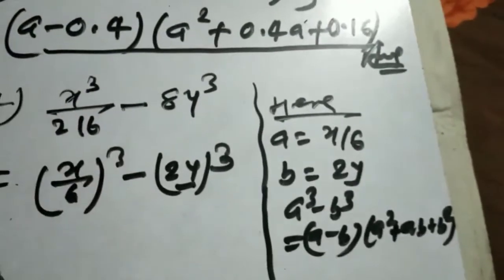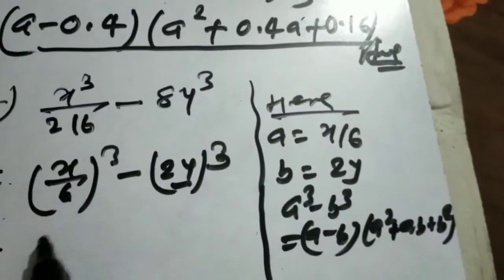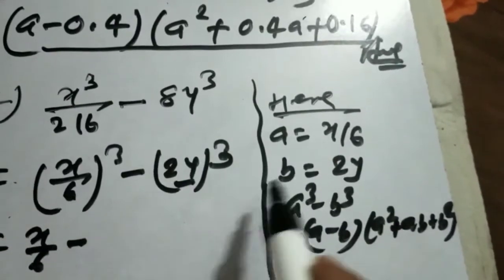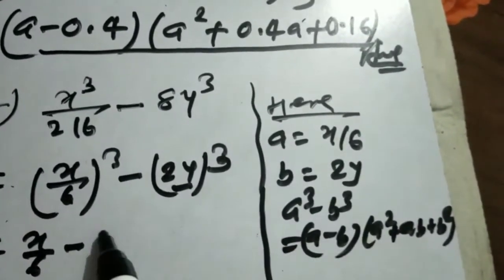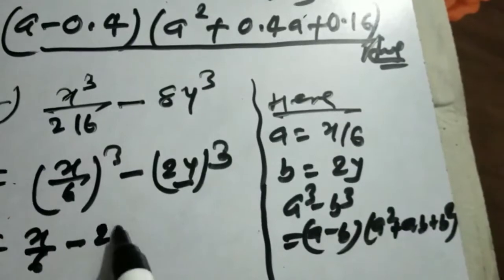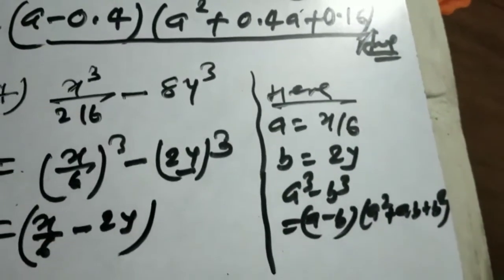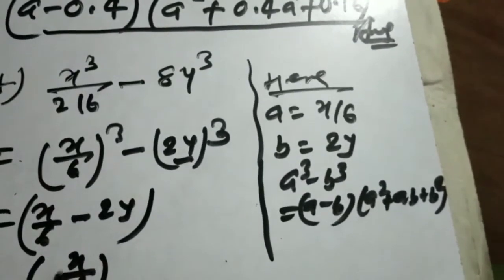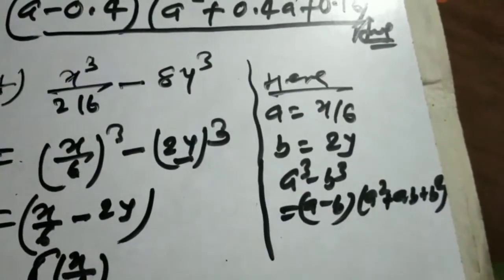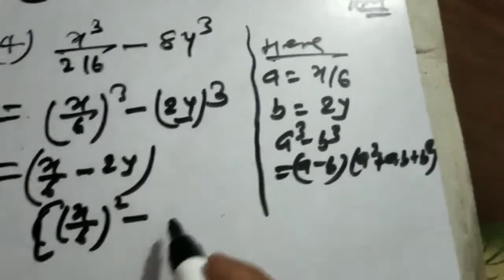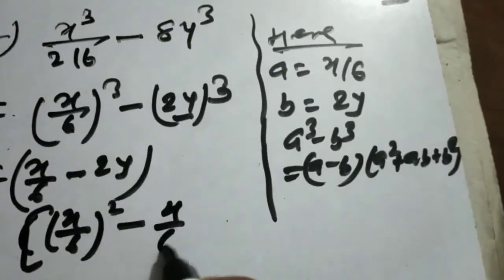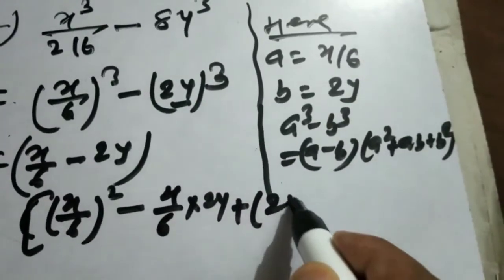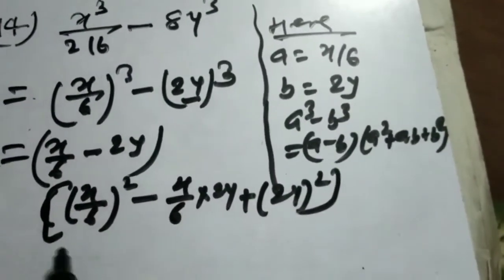At the place of a you have to write x upon 6, so write here x upon 6 minus b. At the place of b you have to write 2y, and then a square, that is x upon 6 the whole square, and plus ab, so x upon 6 will be multiplied by 2y, and then 2y the whole square, b square.